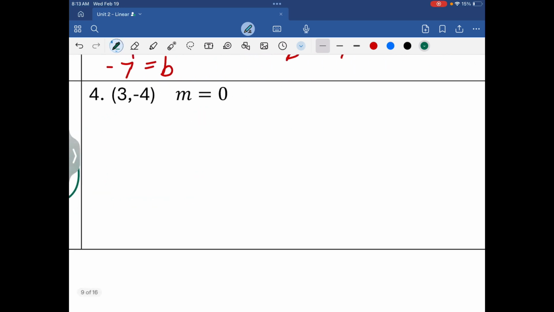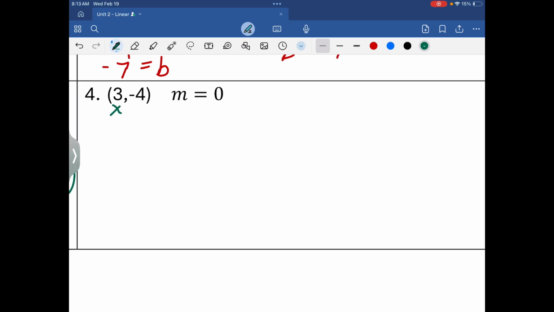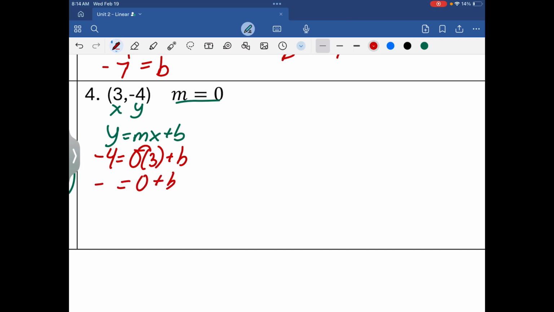So last one we're going to do right here. We have positive 3 as x, negative 4 is y, and then our m. So y equals mx plus b. Y is negative 4 equals 0 times 3 plus b. Okay, go ahead and multiply. 0 times 3 is 0, plus b equals negative 4.